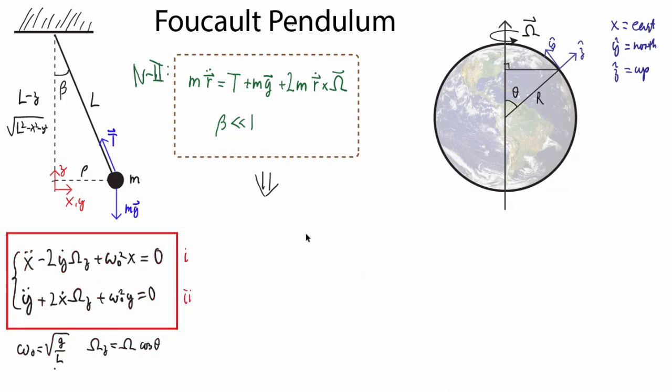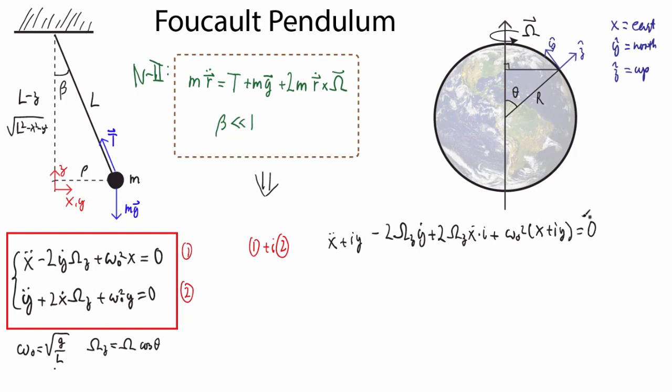So I'm going to take equation 1 and add i times equation 2. And then I will get x double dot plus iy, minus 2 omega z y hat plus 2 omega z x hat times i, plus omega naught squared times x plus iy equals 0.